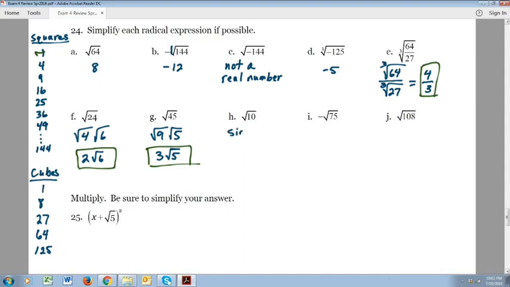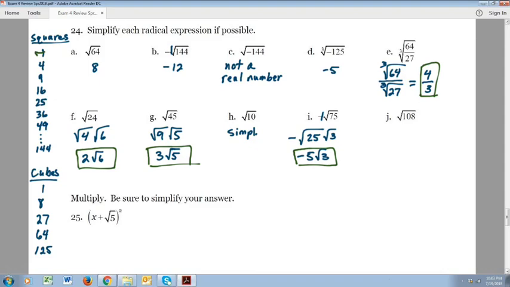And so this one's already simplified. On letter I, that's going to be a negative 1 times square root of 75. And notice 25 is a perfect square factor of 75. So we can break this into the square root of 25 times square root of 3. And that's going to be negative 5 square roots of 3.